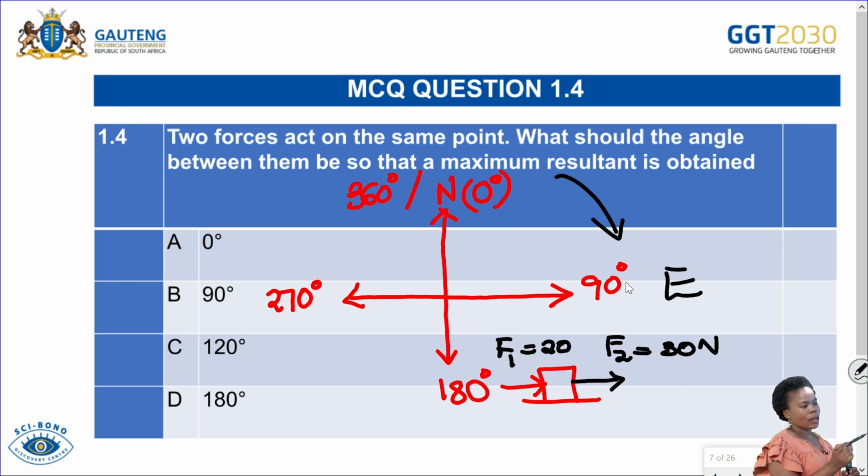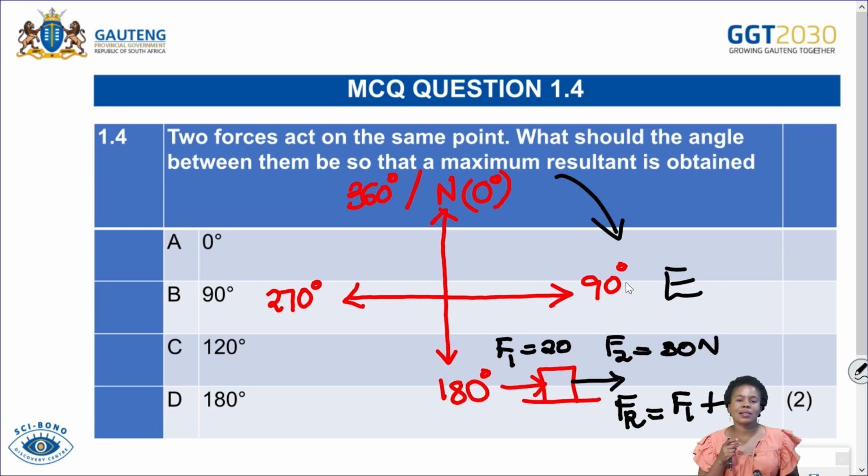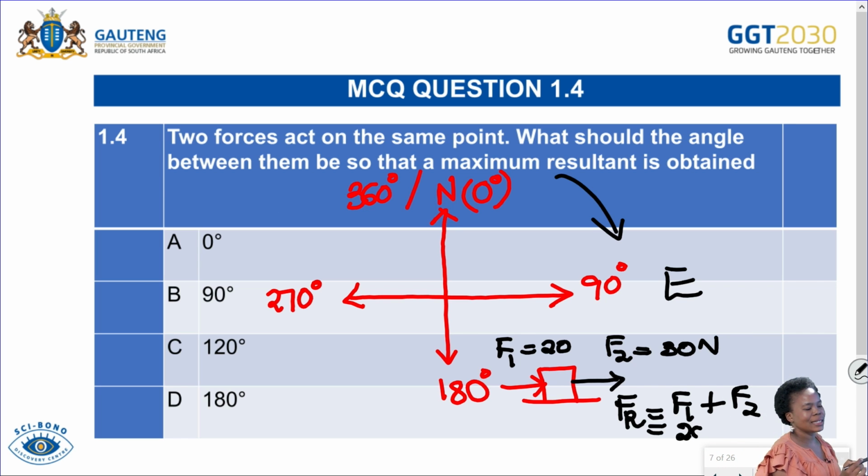If we want the resultant, remember what we used to do? We said F1 plus F2. Why do we do this? Because a resultant force or a resultant vector is a single vector that has the same effect as two or more vectors that are acting together. So this one will be your 20, and this one will be your 30.